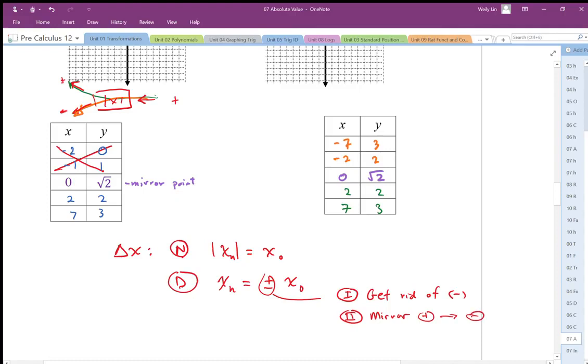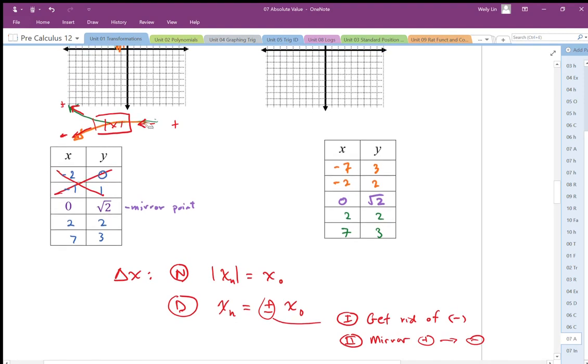That's what the plus minus means when I see it in notation like this. We have two steps to work out: get rid of the negative, mirror the positive onto the negative. It's to do with this idea that we're solving the absolute value, so we're undoing it, which means we can only put in positives through that function, and we're going to get both positive and negatives as my output. That's why I have this mirroring going on along the x-axis.